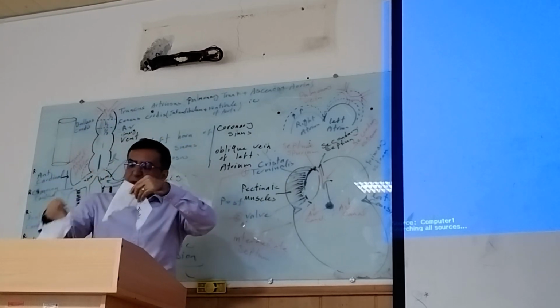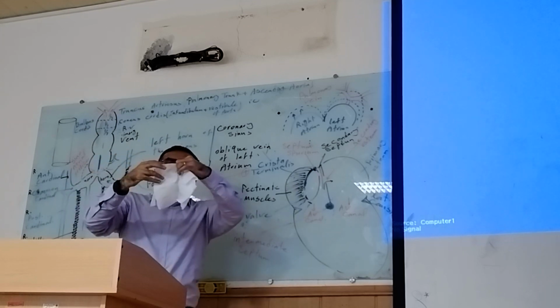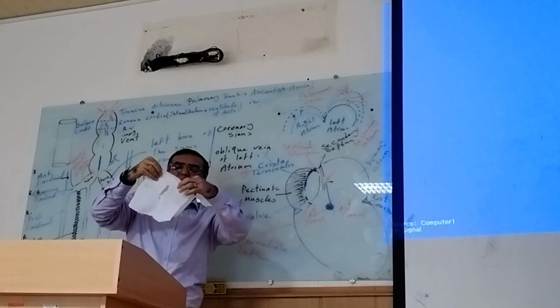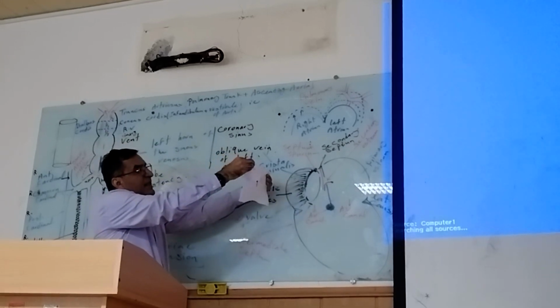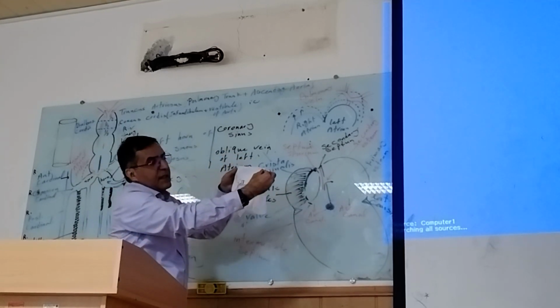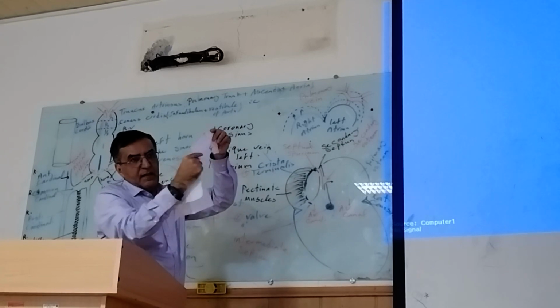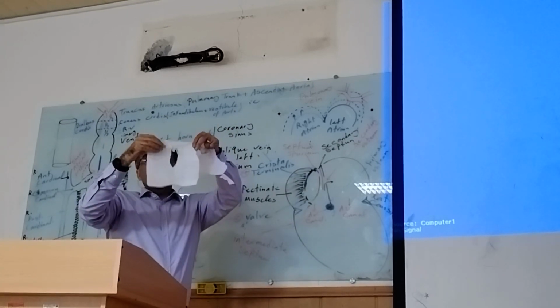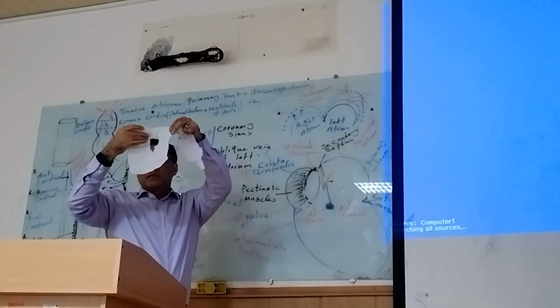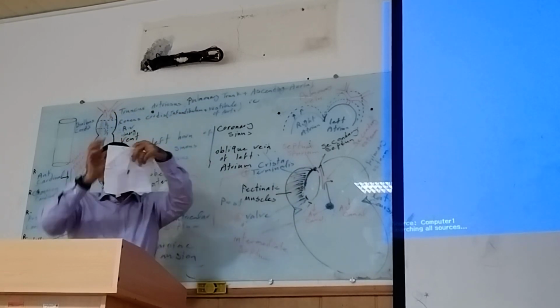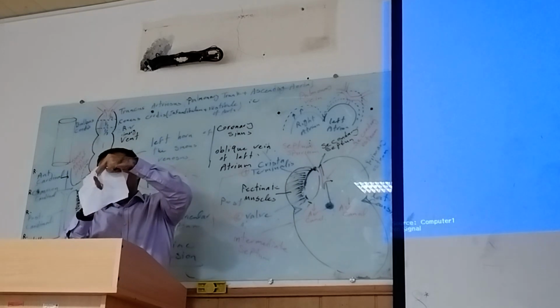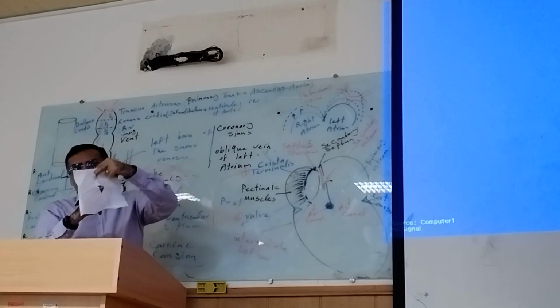If you put it side to side, this is the septum secundum, crescentic. This is the septum primum with the secondary ostium. Is it clear? And here is the foramen ovale. Is it clear or not?